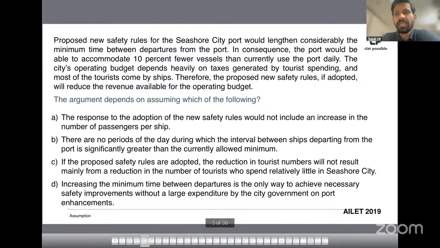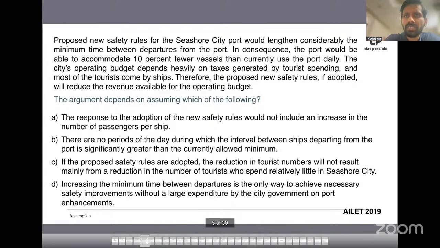The city's operating budget depends heavily on taxes generated by tourist spending, and most of the tourists come by ships. Therefore, the proposed new safety rules, if adopted, will reduce the revenue available for the operating budget. Right. So, what's given to us can be broken down as that because of these new safety rules, right?